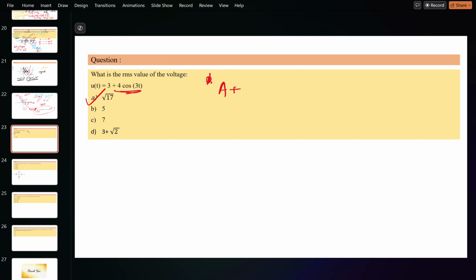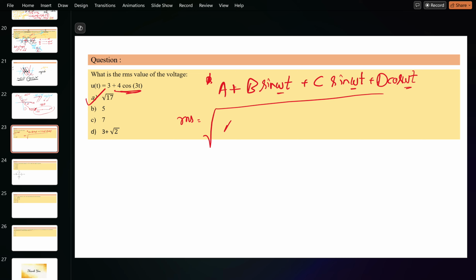Suppose this is A plus B sine omega t plus C sine omega t plus D cos omega t kind of thing. So for the RMS value, if you see, the frequencies are the same in both, okay? So the RMS value will become A square plus B square plus C square plus D square by 2, okay?